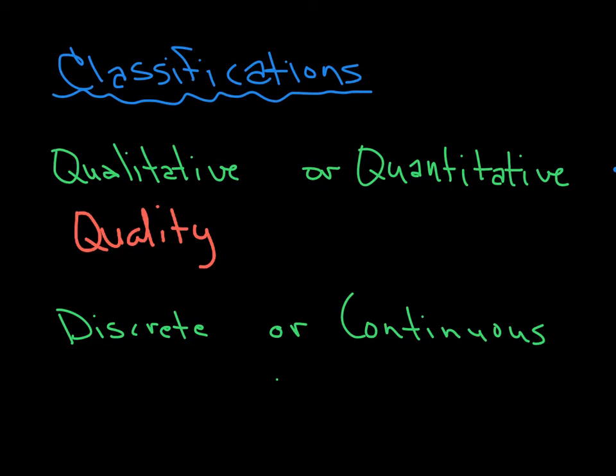Whereas quantitative, just think of the word quantity. Okay? So when we think quantity, there's numbers. So if I say, rate how helpful this video is, between 1 and 5, 1 meaning it's not helpful at all, 5 being extremely helpful.